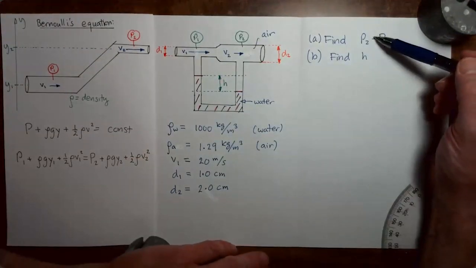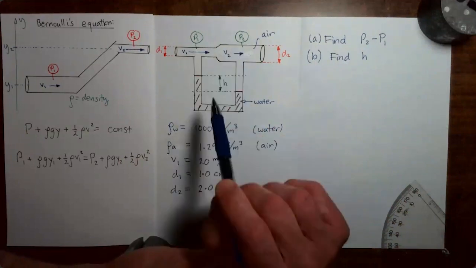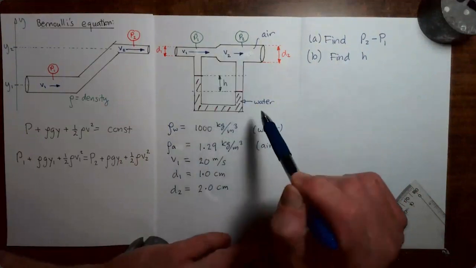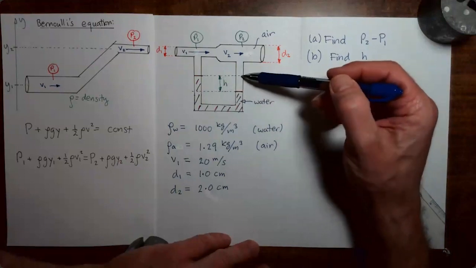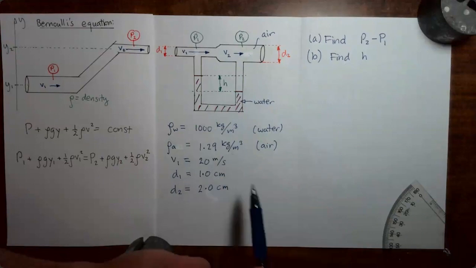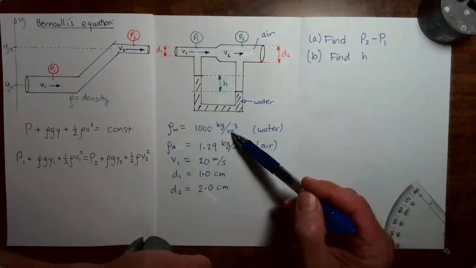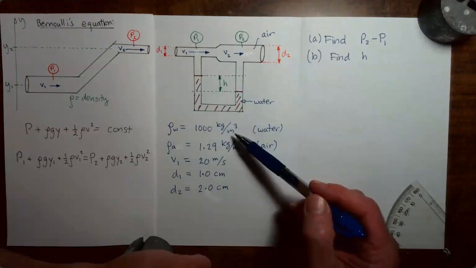In this problem, we're going to solve for the pressure difference between the two horizontal segments, and we're also going to solve for the height difference between the water levels in the two vertical segments. We are given the density of water, 1,000 kilograms per cubic meter.